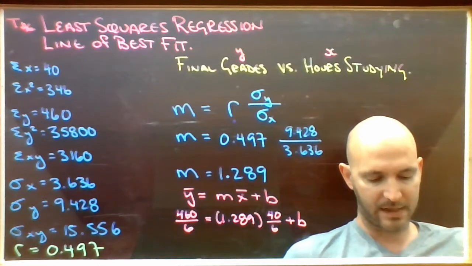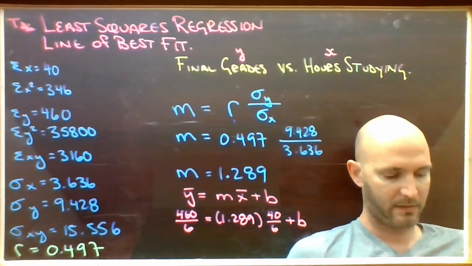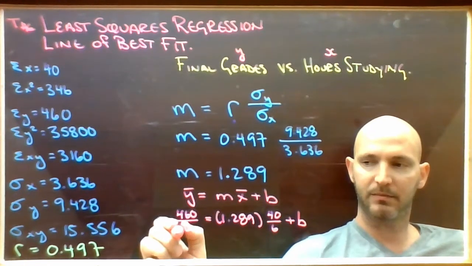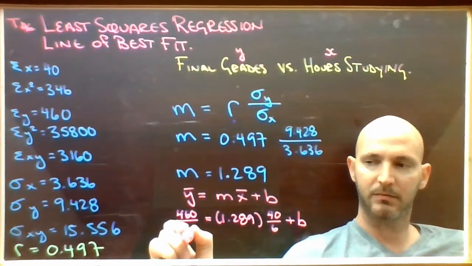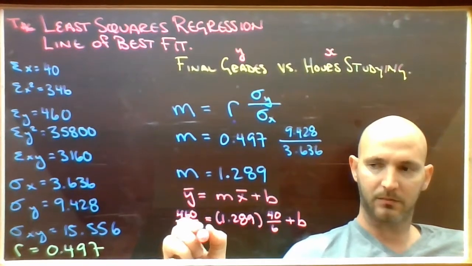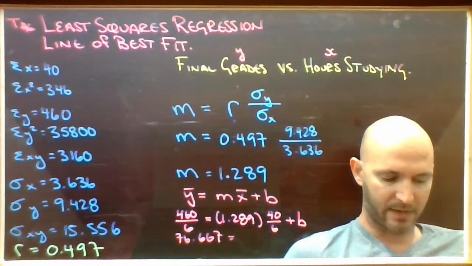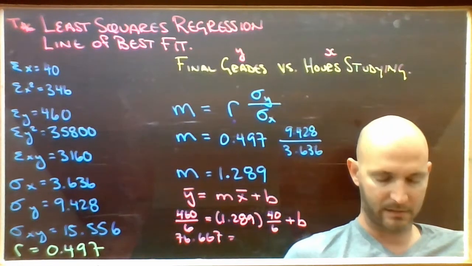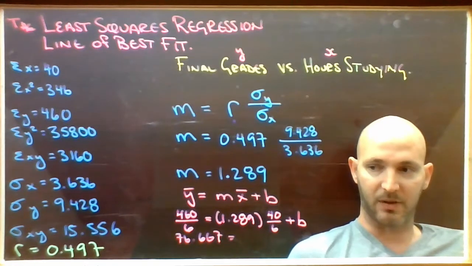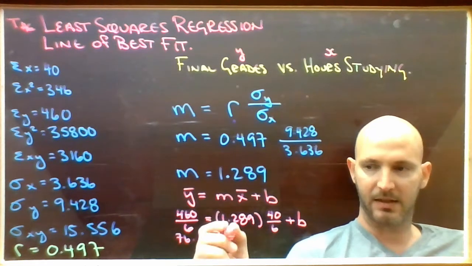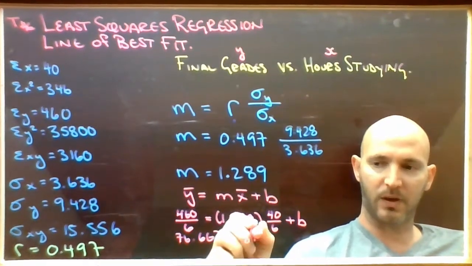So 460 divided by 6 is 76.7. 40 divided by 6 is 6.667, times my slope of 1.289, is 8.59.